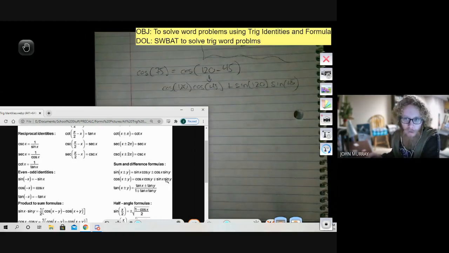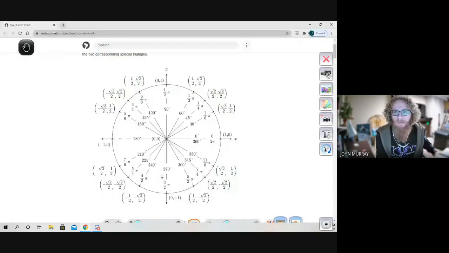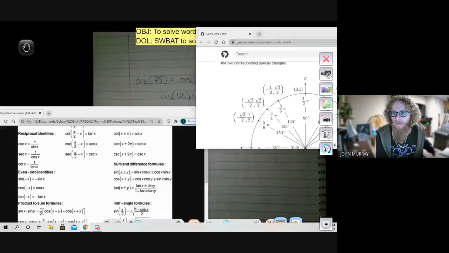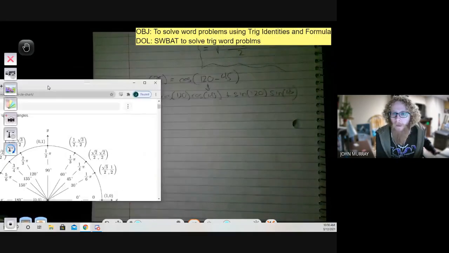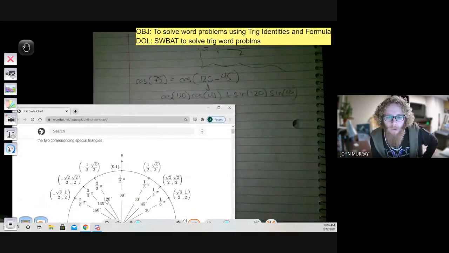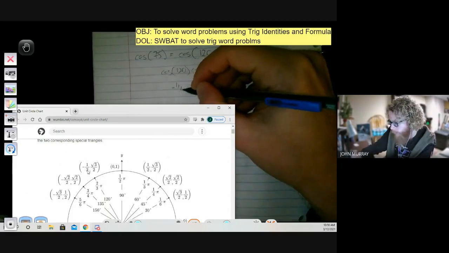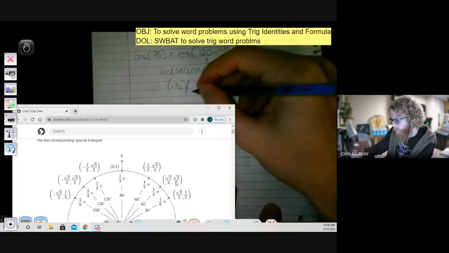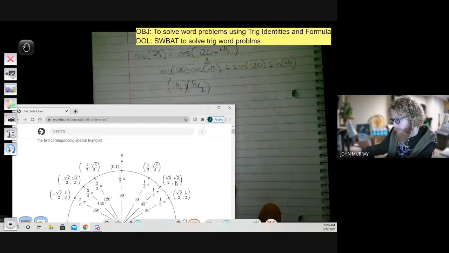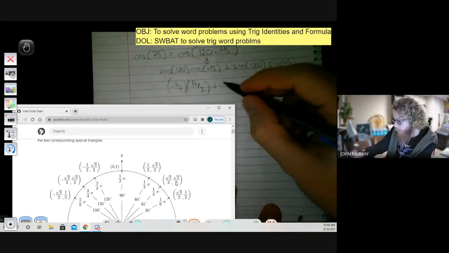Once you get to this part, after you have it split, you would reference the unit circle. The cosine of 120 is negative 1/2. The cosine of 45 is √2/2. Plus the sine of 120 is √3/2.